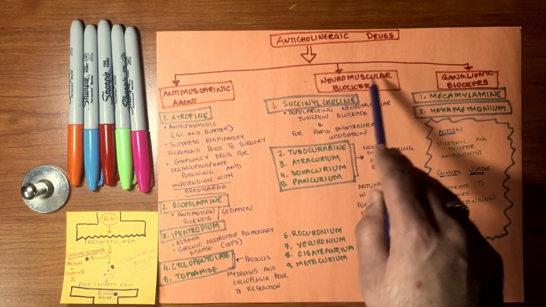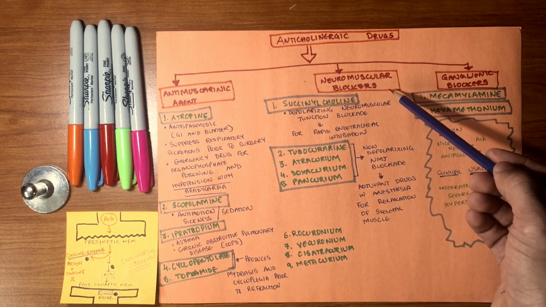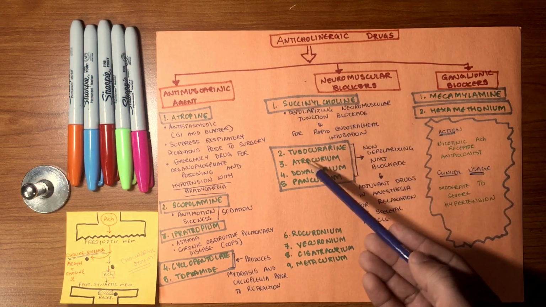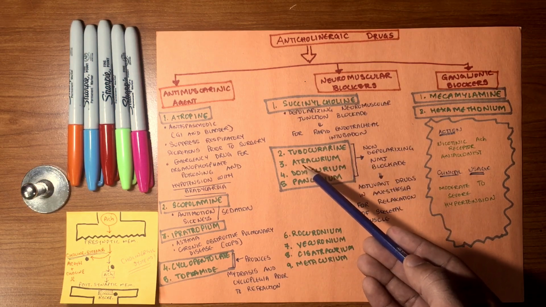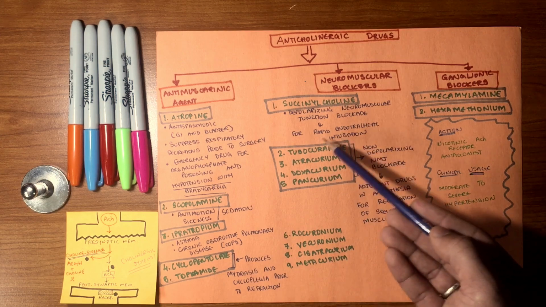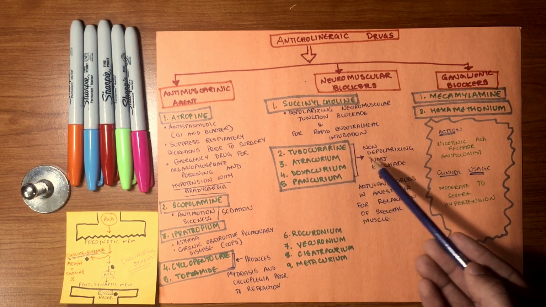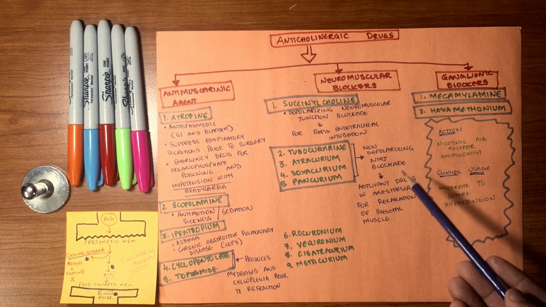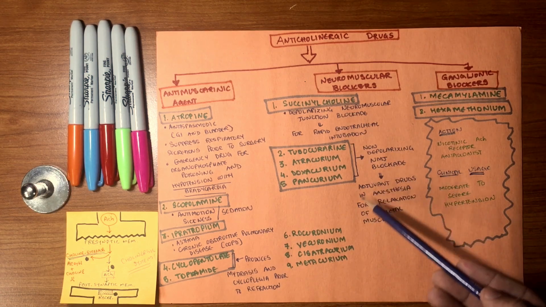Number 2, neuromuscular blockers. The neuromuscular blockers include tubocurarine, atracurium, doxacurium, and pancuronium. These are all the non-depolarizing neuromuscular junction blockers. They are used with anesthetics for relaxation.